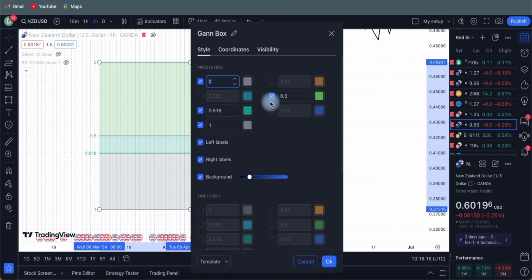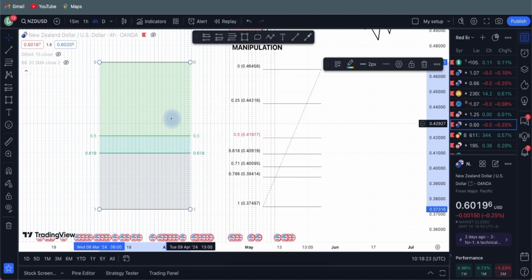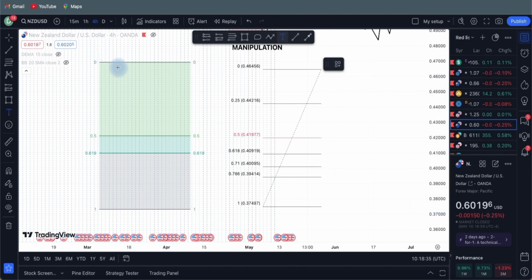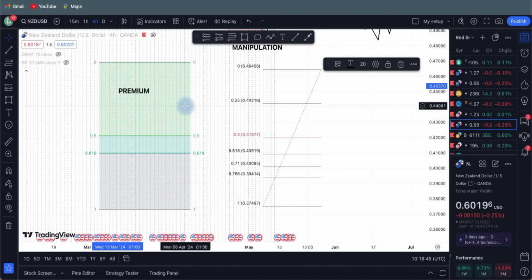If you look at my Gann box, this particular place from our 0.5 to our 0 is what I refer to as my premium zone.